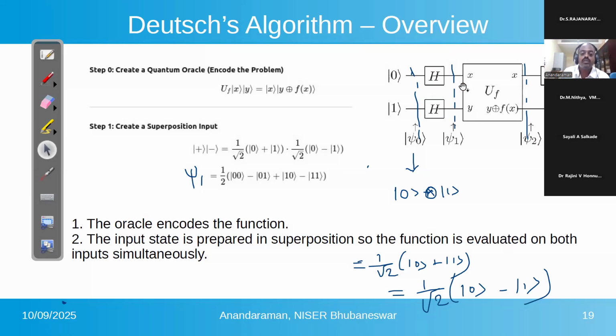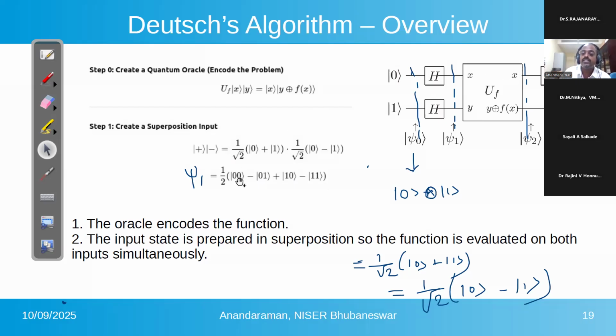Now we have to find psi 2, which is after applying this oracle. In 00, the first 0 is x and the second is y. In the next term, x is 0 and y is 1. Here x is 1, y is 0. Here x is 1, y is 1. Based on that, x remains x, so 0 remains 0.